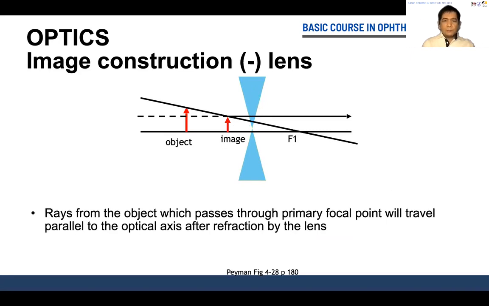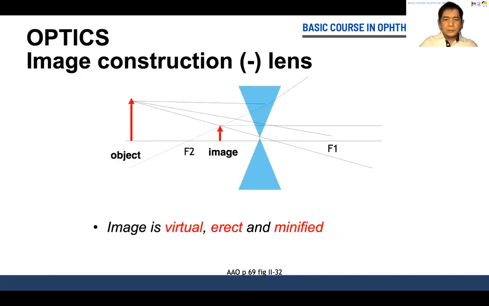Rays from the object which pass through the primary focal point will travel parallel to the optical axis after refraction by the lens. So after image construction and ray tracing with your minus lens, the image produced is virtual, erect, and minified.